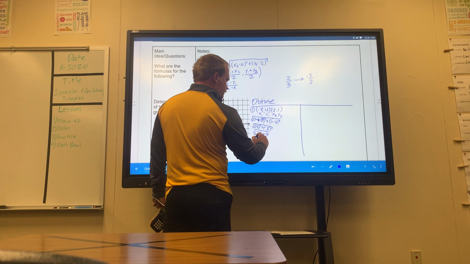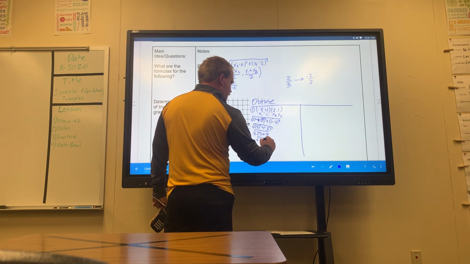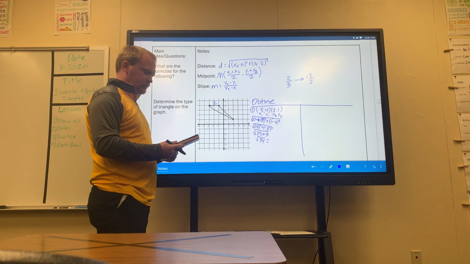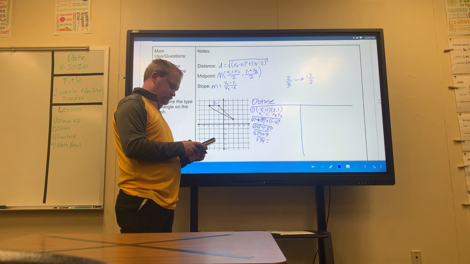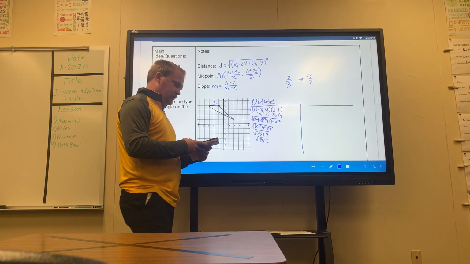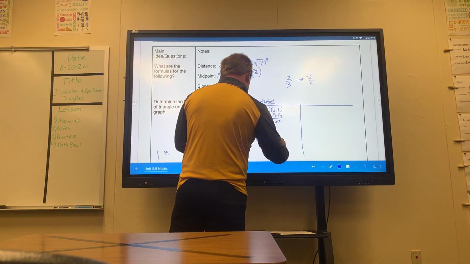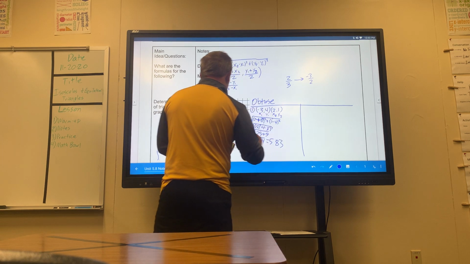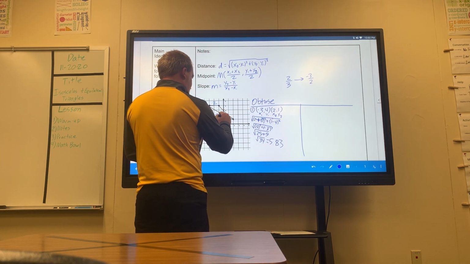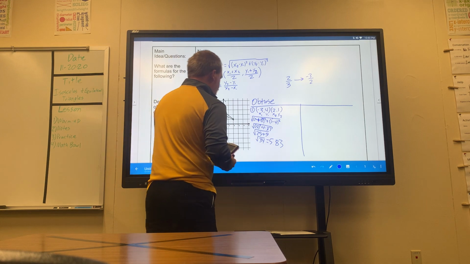I'm going to add them together to give me 34. But what is the square root of 34? Check it in my calculator, 5.83. So this distance right here is 5.83.